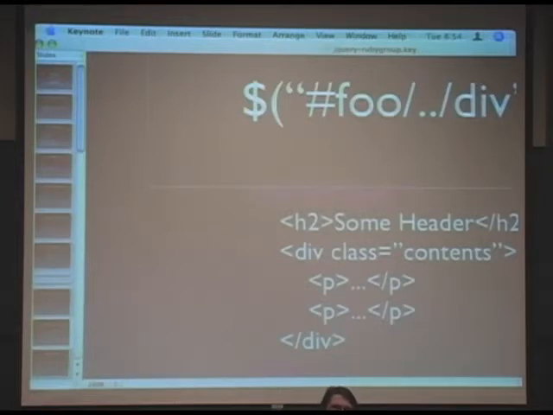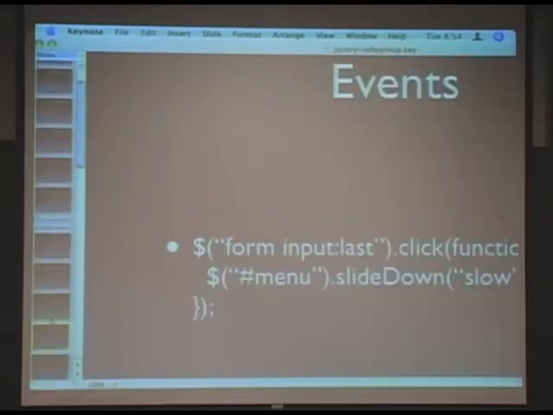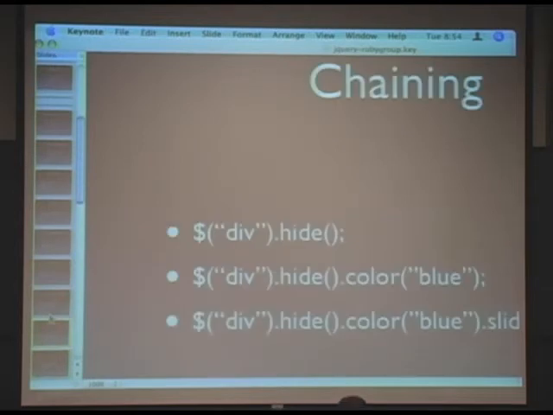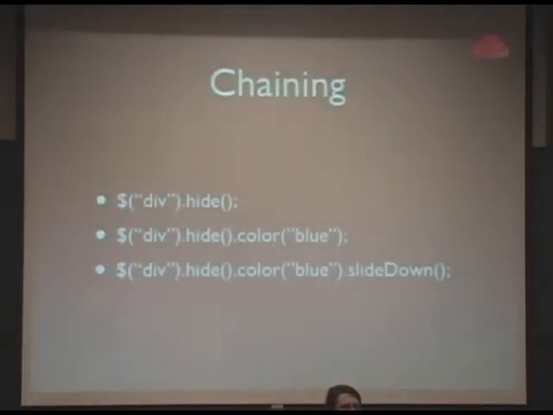Any other questions? In one of the slides, you had that chaining example where you hid it, then changed the color, and then slid it. What would happen in something like that? Would it all happen sequentially and almost simultaneously, so you wouldn't see some of the in-between stuff?